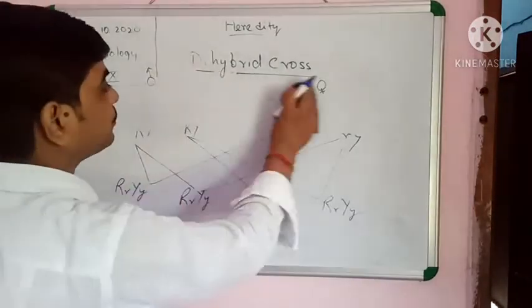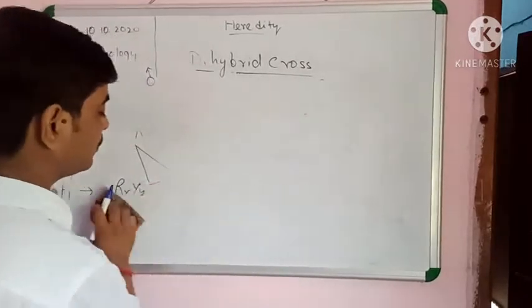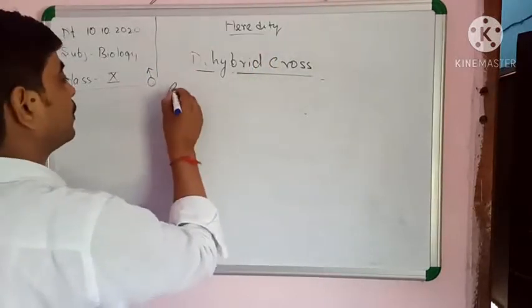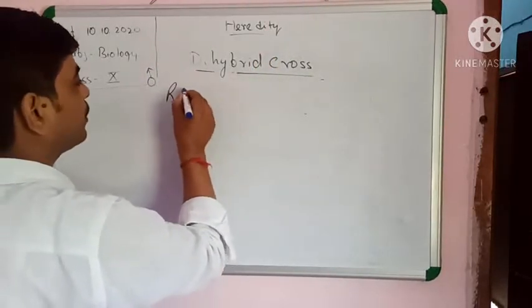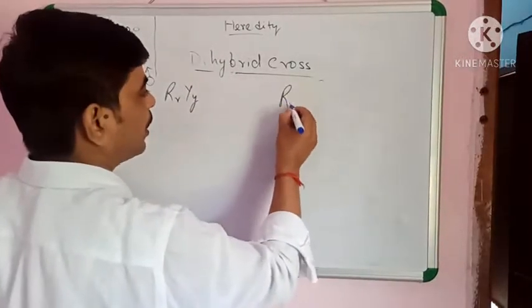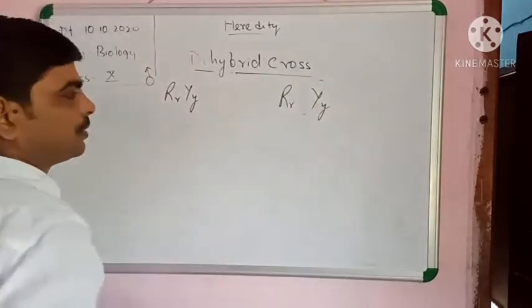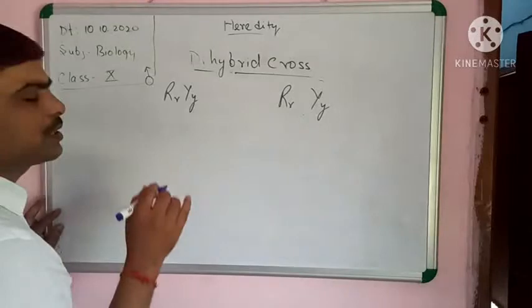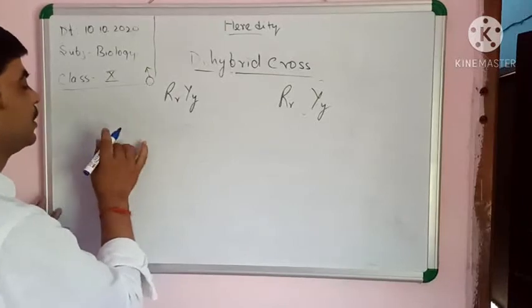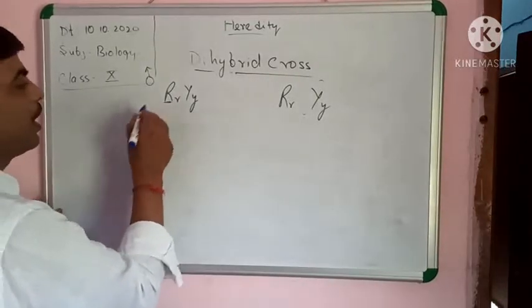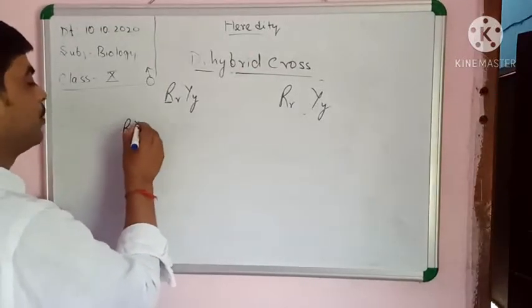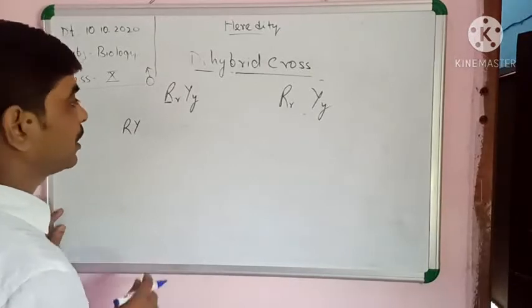Just see here. F2 generation. The combination we get is RrYy. This combination we get here also RrYy. Now see here, what is the possibility of gamete formation in this? One gamete can form, you can write here, R, just like RY. One is the combination, gamete formation.